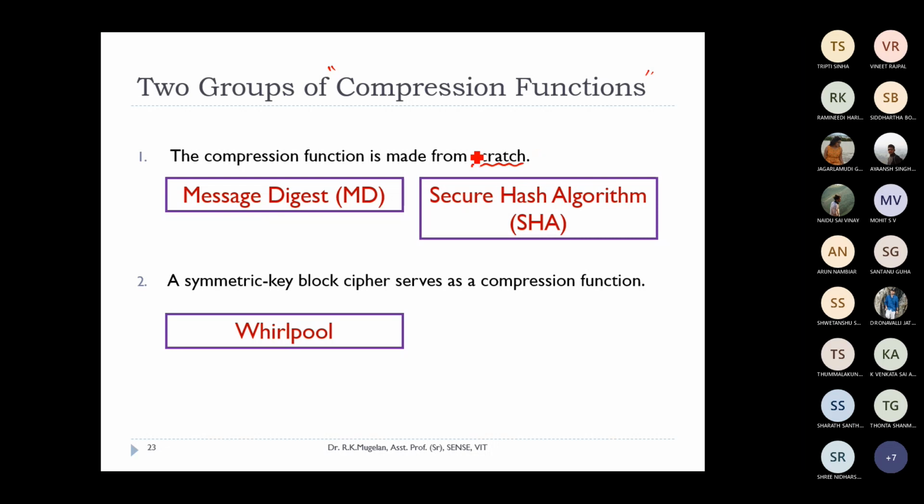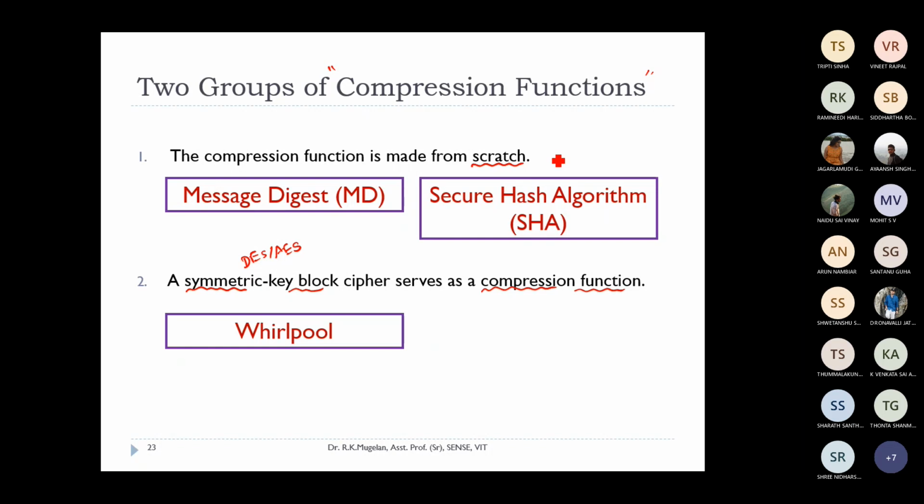The other category makes use of symmetric key block ciphers, to be specific, algorithms like DES or AES, which act as the compression function, like how we use symmetric key block ciphers for PN sequence generation. Similarly, we can also use these encryption algorithms to perform the compression function.